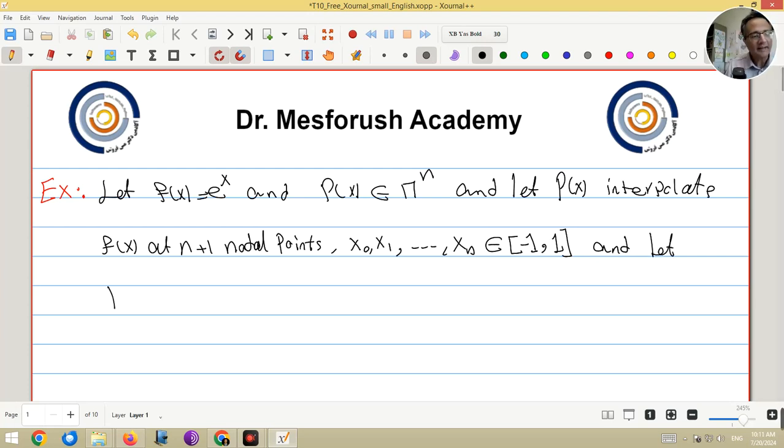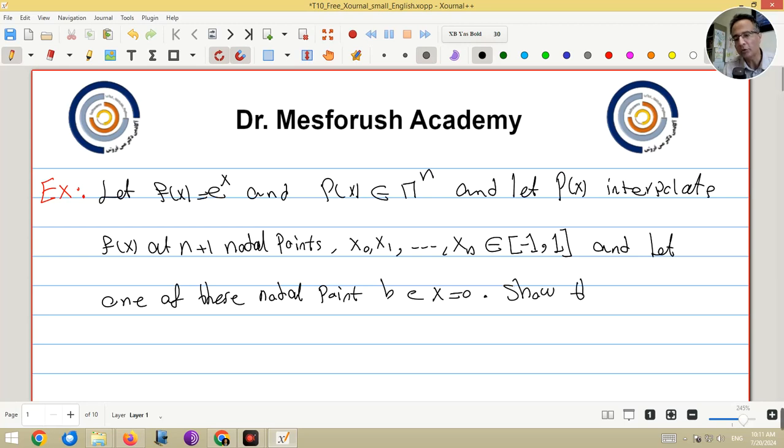And let one of these nodal points be x = 0.